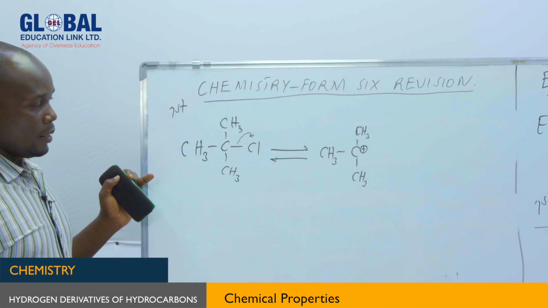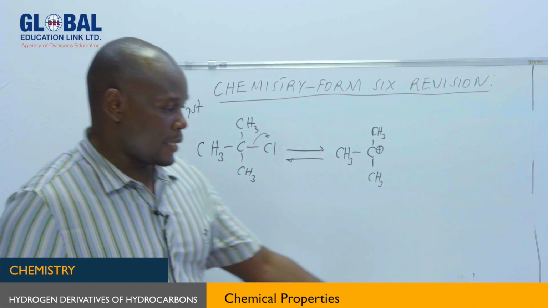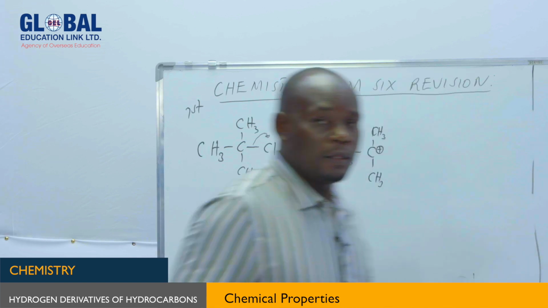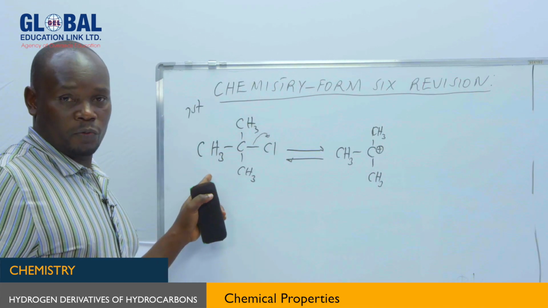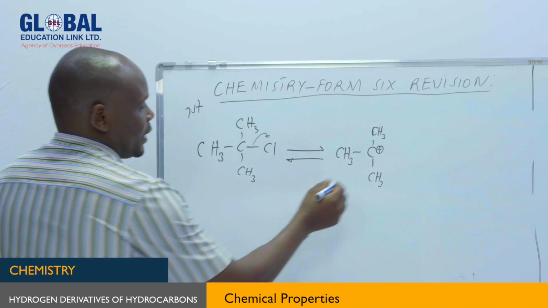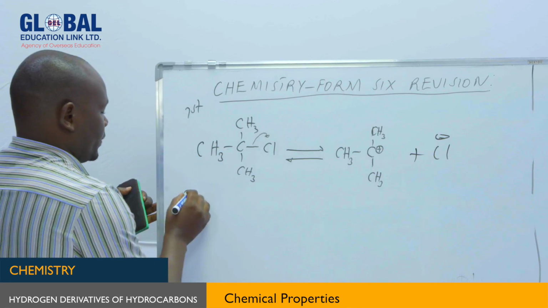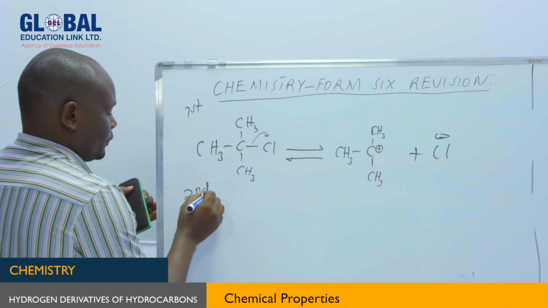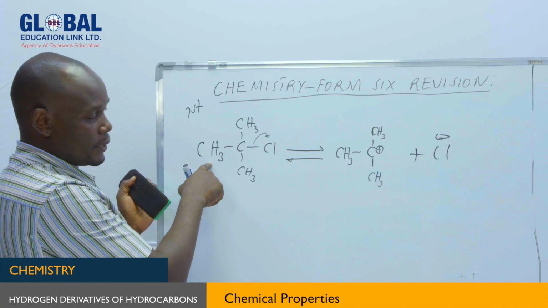And from there, since it is under alcoholic conditions, the beta hydrogen from this alkyl halide is also being removed. So in the second step, the beta hydrogen will also break down.